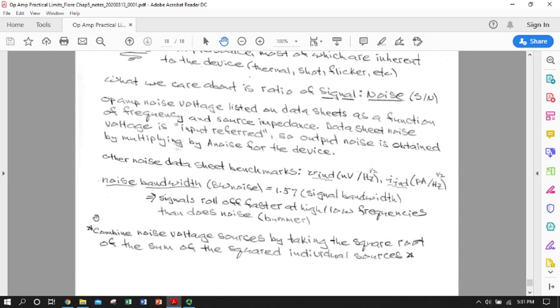And the other rule of thumb with noise is we combine them with the square root of the sum of the squares. So if we remember root means squared voltage, we use that same kind of combination when we're adding them all up. You don't just add noise voltage to noise voltage by superposition the way we did offset error.